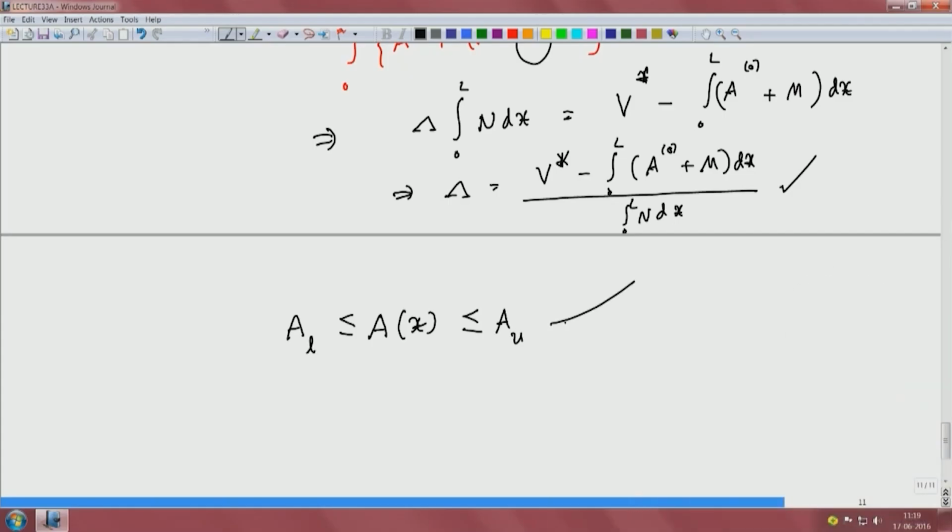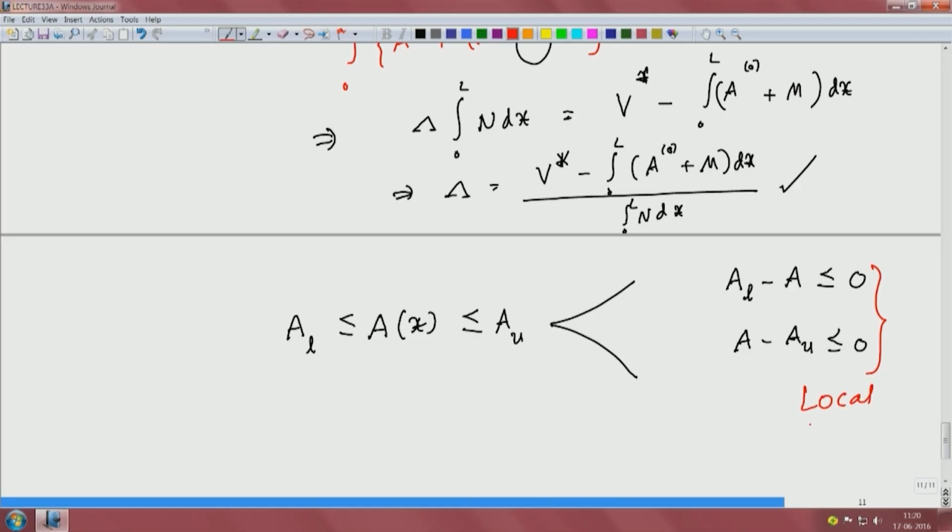In fact, in this there are two constraints. Since we always write everything in the form of less than or equal to, A_L minus A less than or equal to 0, A minus A_U is less than or equal to 0. These are local constraints, right, because these are function type constraints.